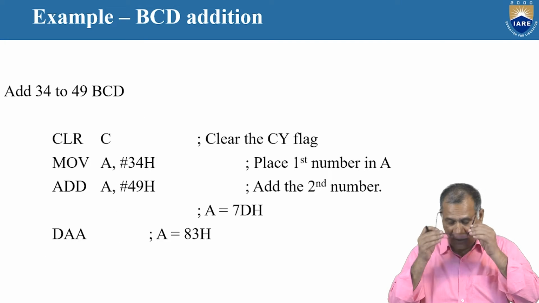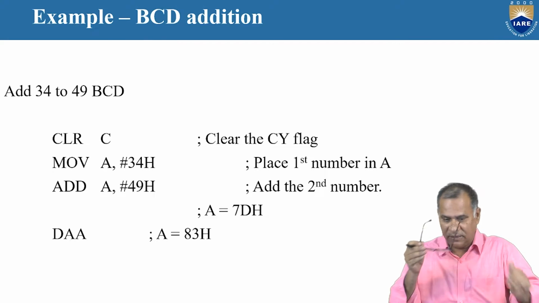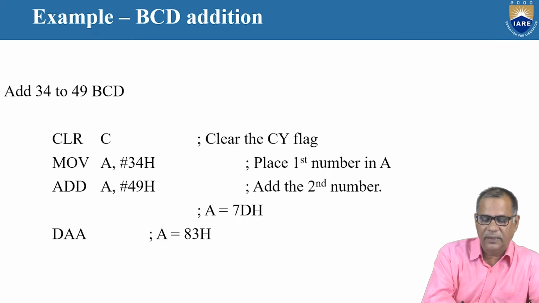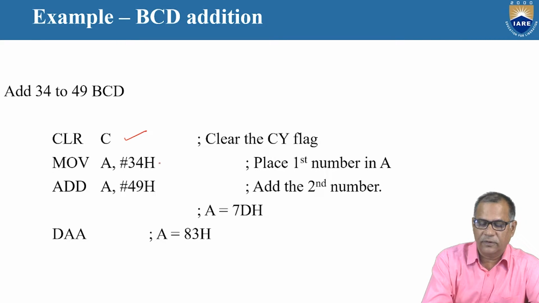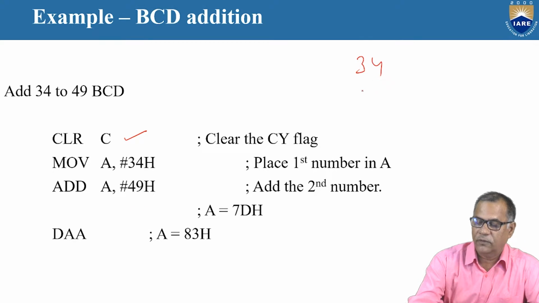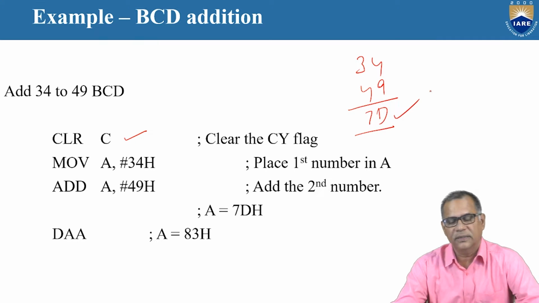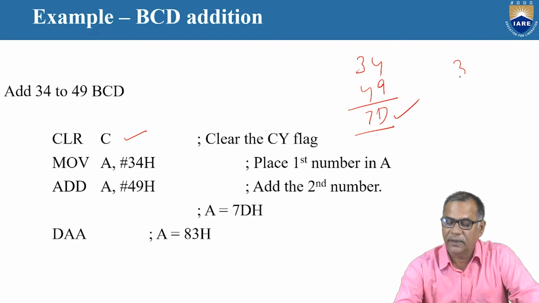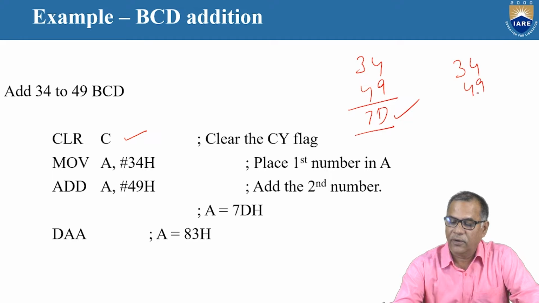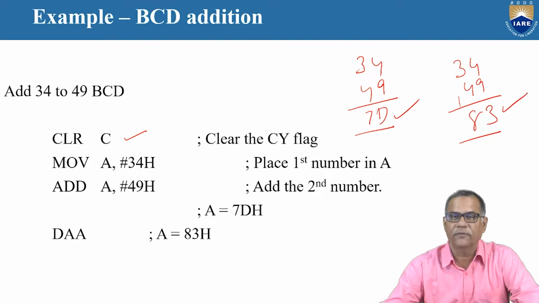Now let us see the example for decimal adjust accumulator. Let us say we add 34 and 49. First CLR C, clear the carry flag, then MOV A, #34H, then ADD A, #49H. When you add 34 with 49, you get 7D. This is in hex format and that is not meaningful. Suppose you do the same thing with decimal addition, you get 4 plus 9 is 13, carry 1, and 3 plus 4 plus 1 is 8, so you get 83. So this is meaningful.